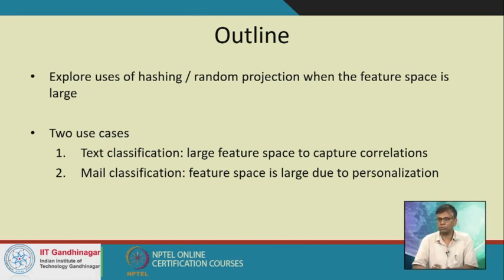Essentially, it's going to be to capture very long range correlations in a specific document. And we'll have to come up with some technique to control the size of this feature space. Having a large feature space is actually useful in improving classification accuracy. However, it is computationally very inefficient.